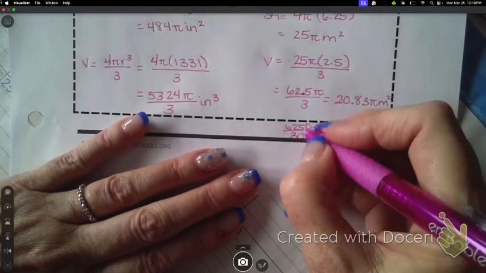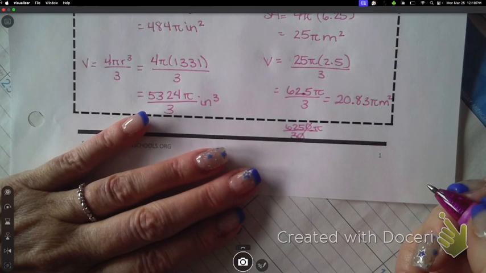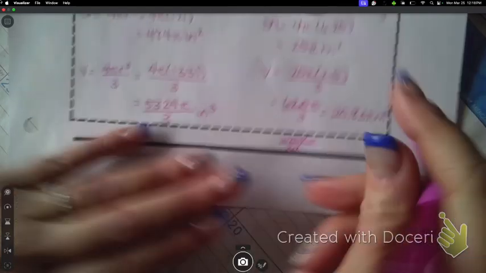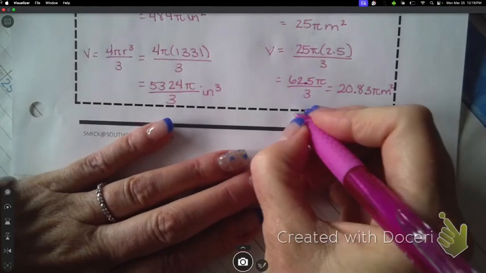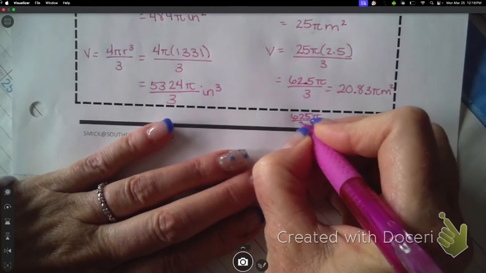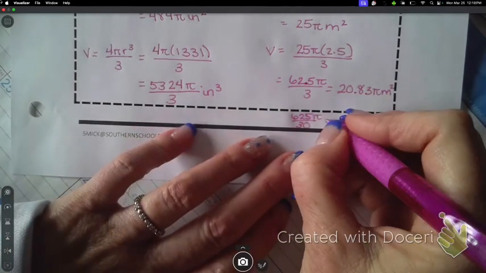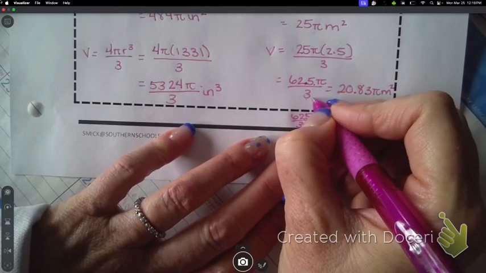And then 5 goes into both, correct? Because you have to move the decimal here, so you have to move it here. Okay?